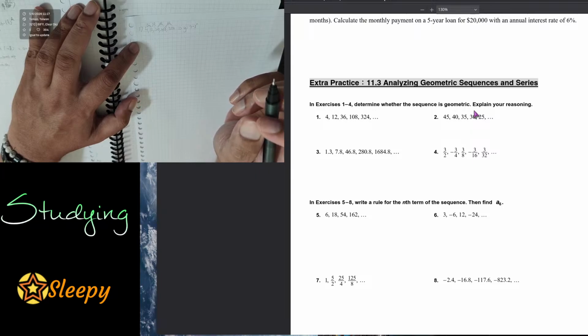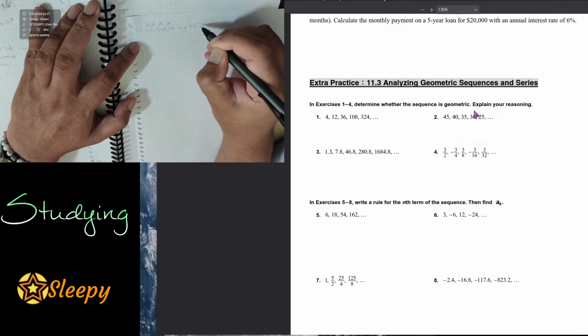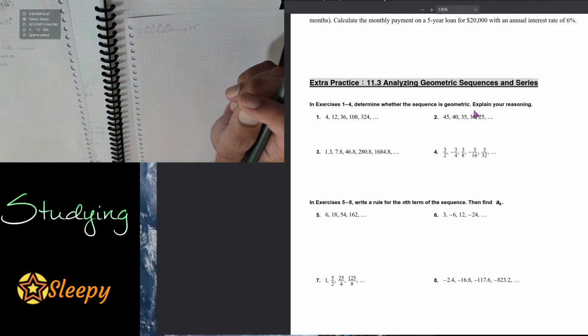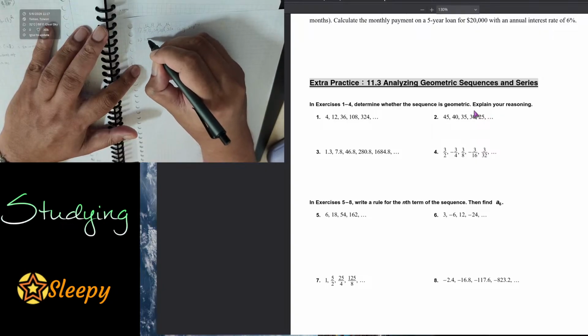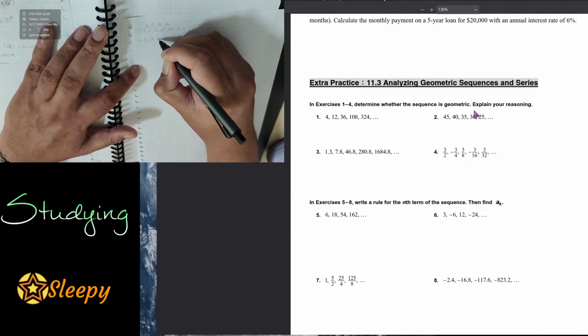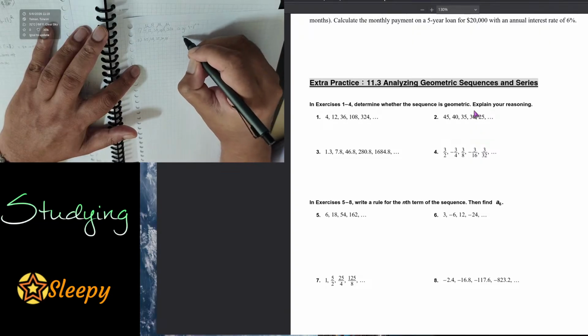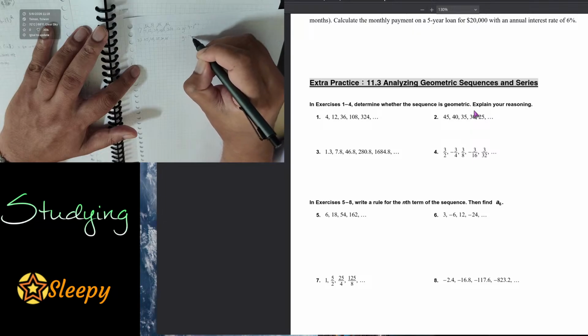Oh, that's 0, huh? x minus 1. Okay, 2, 45, 40, 35, 30, 25. So y is minus 5x plus 50.